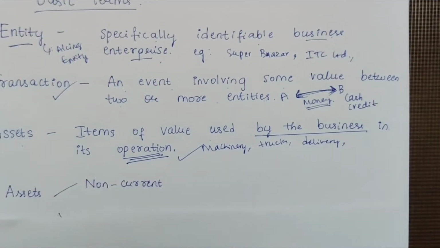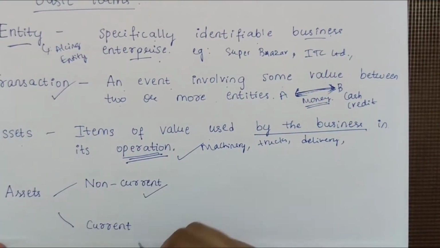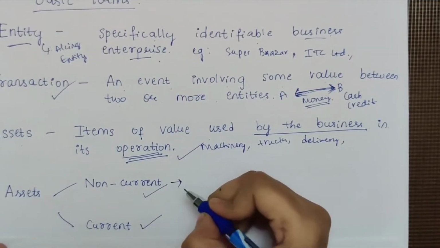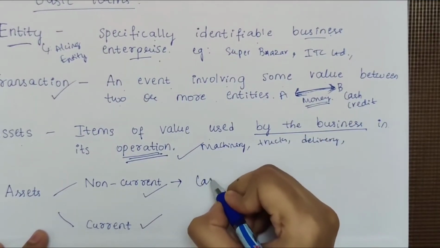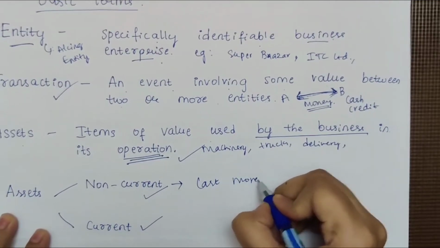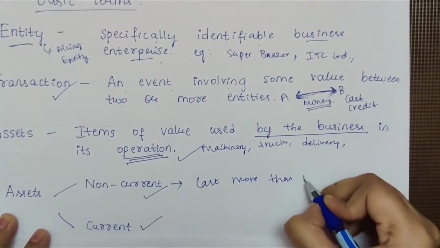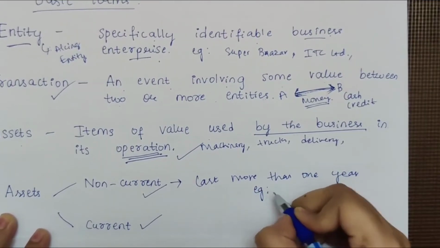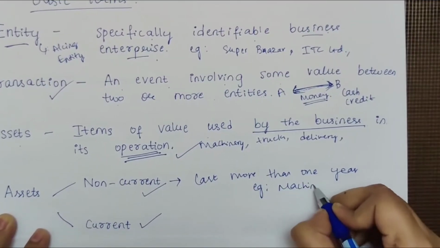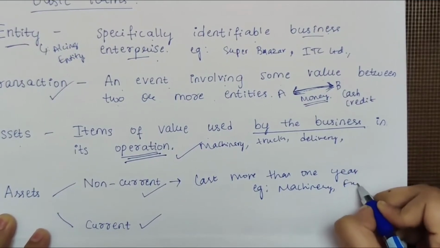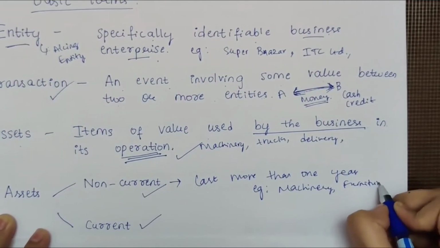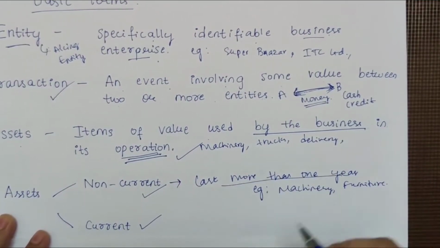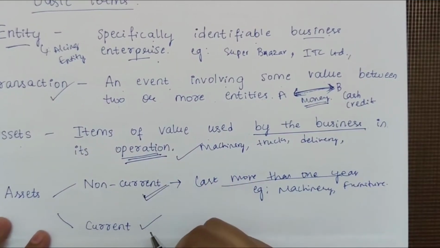So assets are of two types. One is non-current assets and the next one is current assets. Non-current assets are those which last more than 1 year. For example, of course, machineries, furniture. These are the assets which last more than 1 year and hence they are called non-current assets.